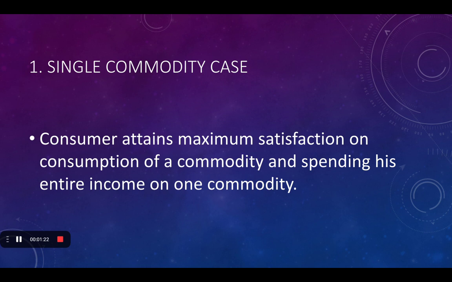Now, in single commodity case, consumer equilibrium is attained where consumer attains maximum satisfaction on consumption of a commodity and spending his entire income on one commodity. He has the entire income and that entire income is spent only on one commodity, and then where he attains the maximum satisfaction, that point will be referred to as the consumer equilibrium point under single commodity case.